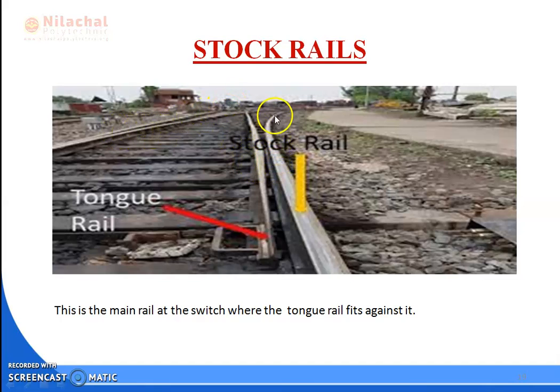See here, the main rail is going in this direction, and this tongue rail which is provided inside the track is going in this direction. This is only used for changing the direction of the train. So whenever the main rail and the tongue rail are connected by the help of your switches, this is called your stock rail, which is basically used for changing the direction.